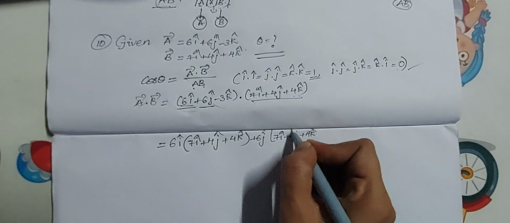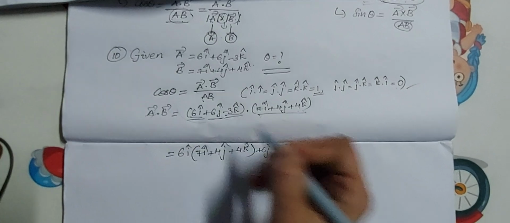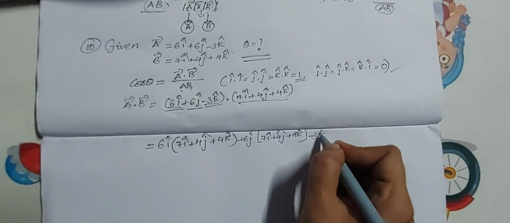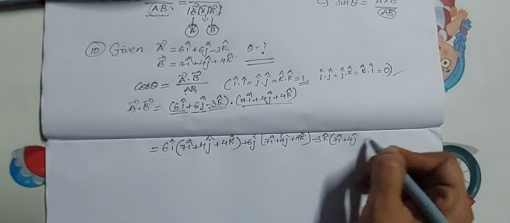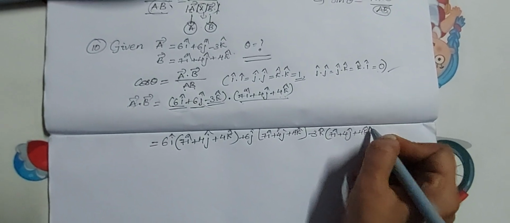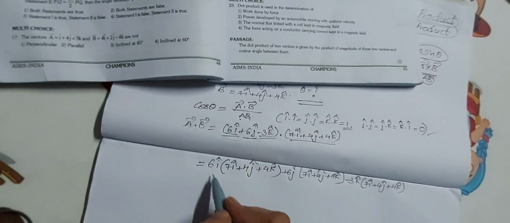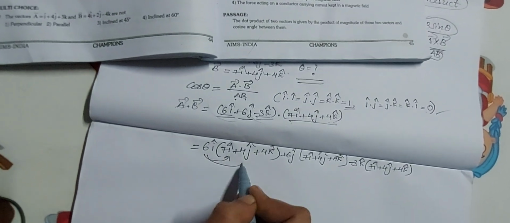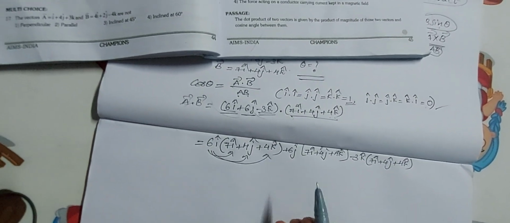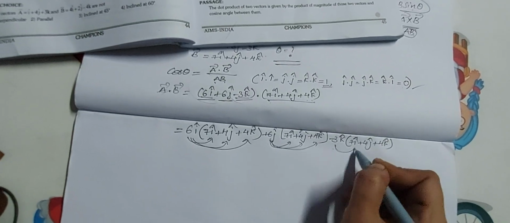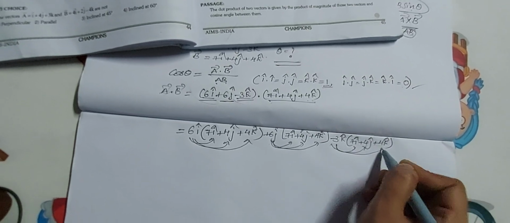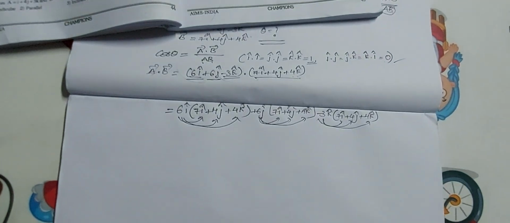Now we have to take the third one, minus 3k cap, and multiply with 7i cap plus 4j cap plus 4k cap. Now I think you know simple multiplication. So we have to multiply 6i with this and also this, in the same manner this and this, with this and with this. Is that clear till here?